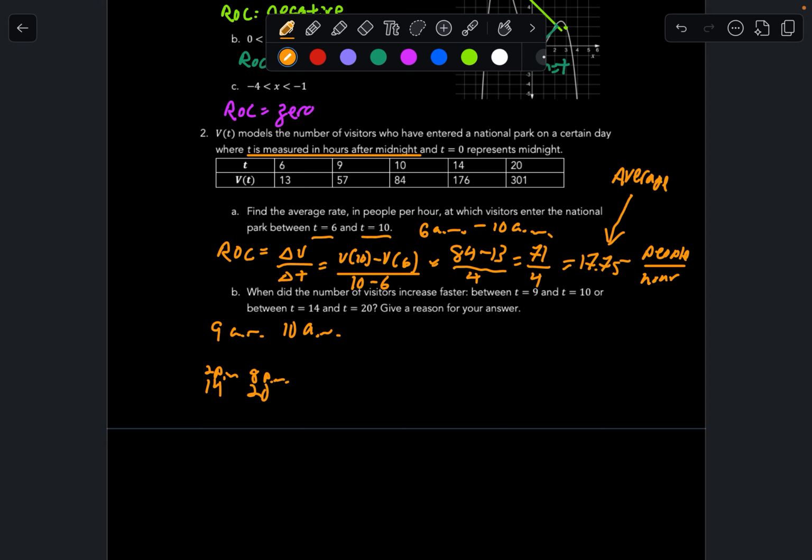Between 9 a.m. and 10 a.m., or between 2 p.m. and 8 p.m.?